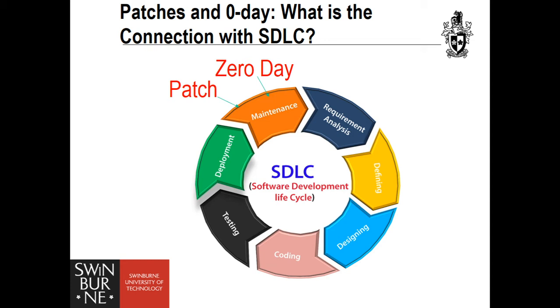In real life, it forms like a spiral. It is considered as repeating steps. A patch will be done during maintenance. An attack during 0 day will be launched during that time by an outside attacker.